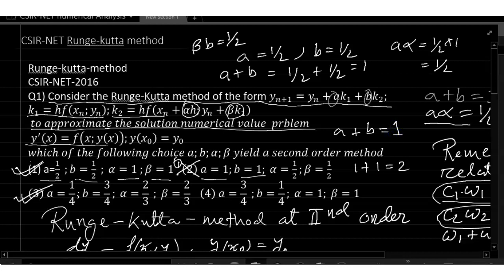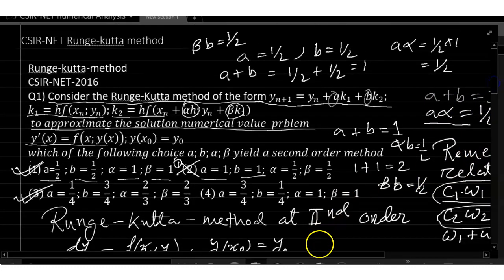After that, b alpha equals half and b beta equals half, according to the formula.